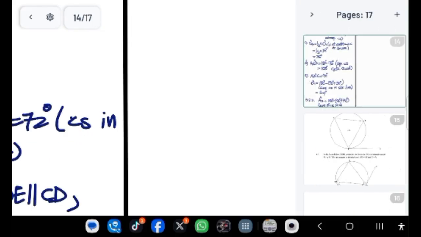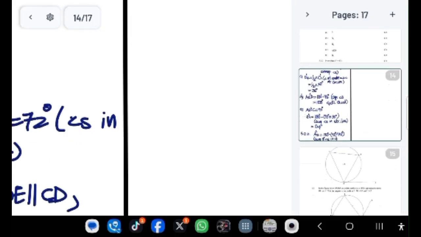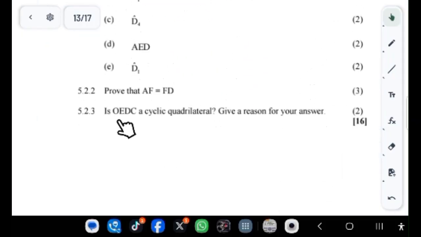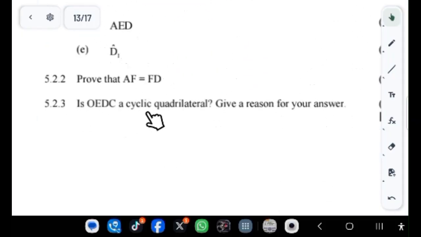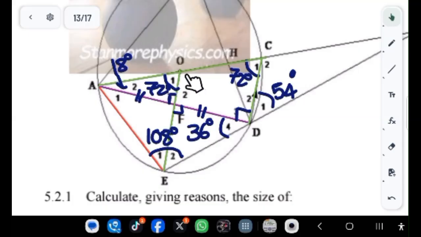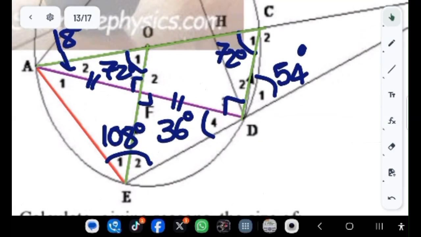Next question. Is OEDC a cyclic quadrilateral? Give a reason for your answer. OEDC. Let's see if the opposite angles are equal.